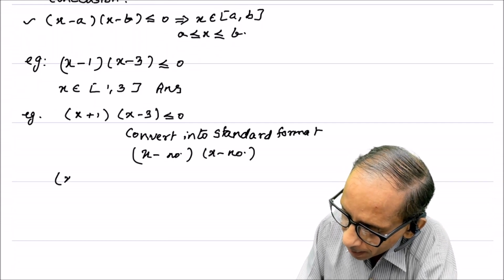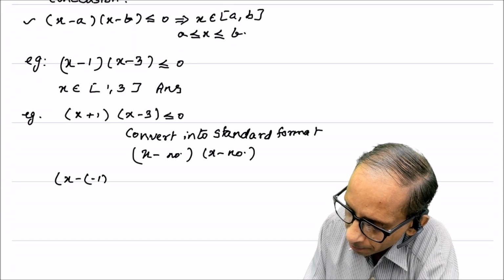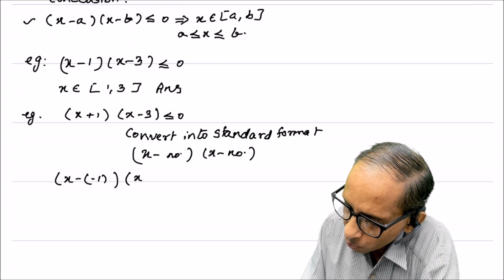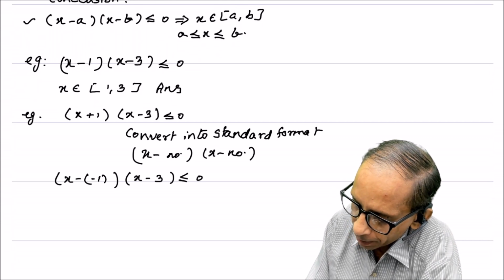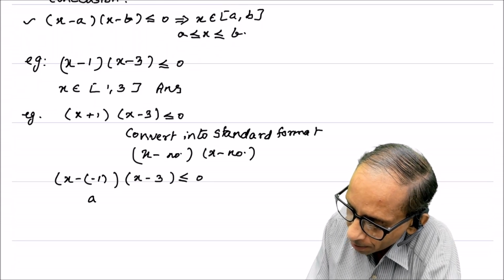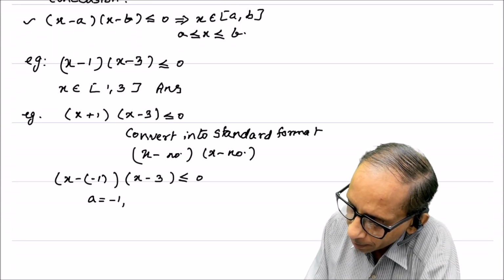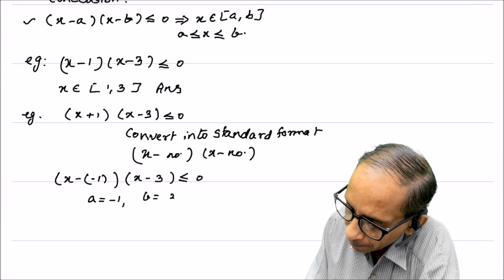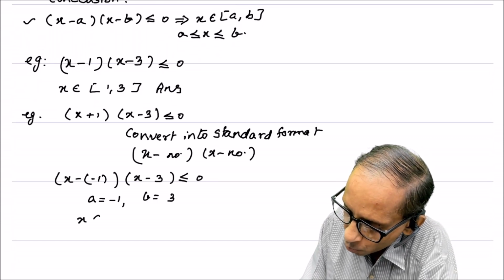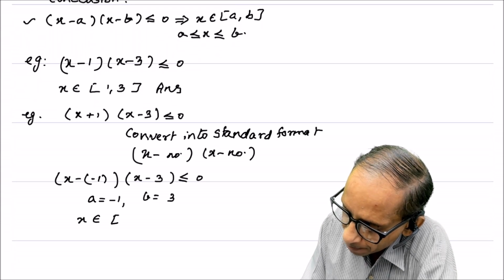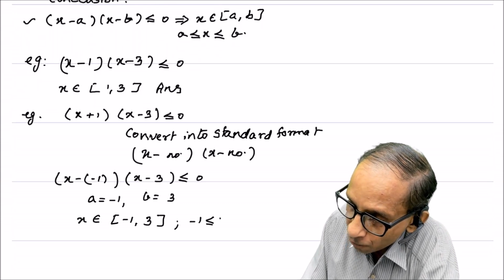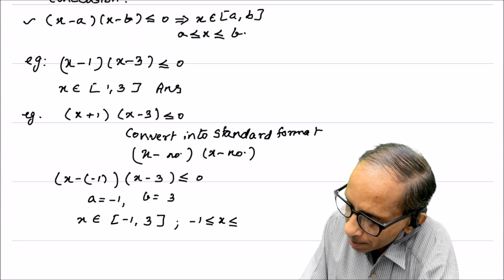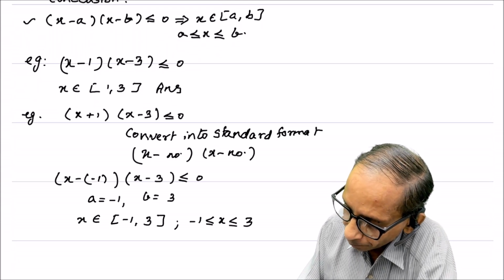So we write this as x minus minus 1. The second bracket is already in the required format as x minus, so we do not trouble it. And once we are through with this, what we find is that a is minus 1 and b is 3. So the solution turns out to be x belongs to the closed interval minus 1 to 3, or we can write it also as minus 1 less than or equal to x less than or equal to 3.